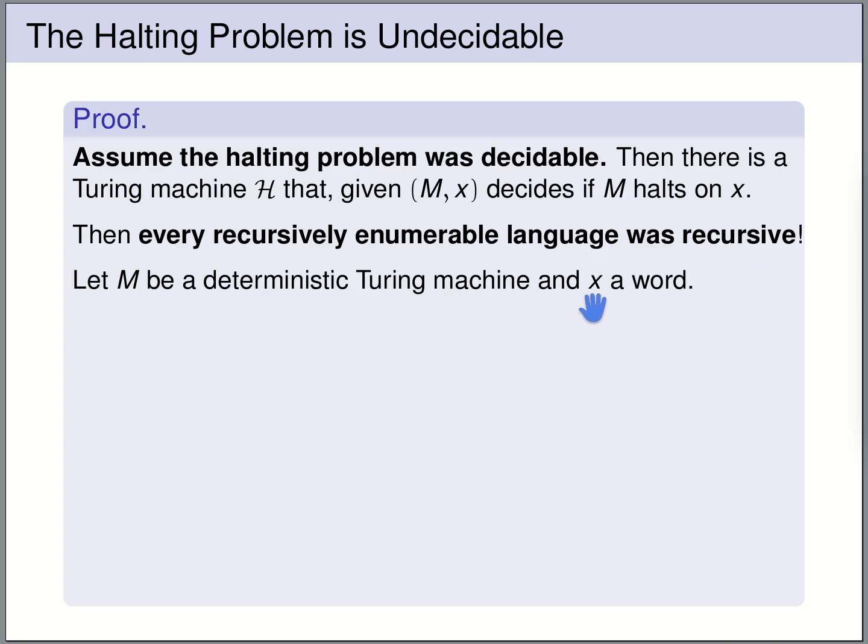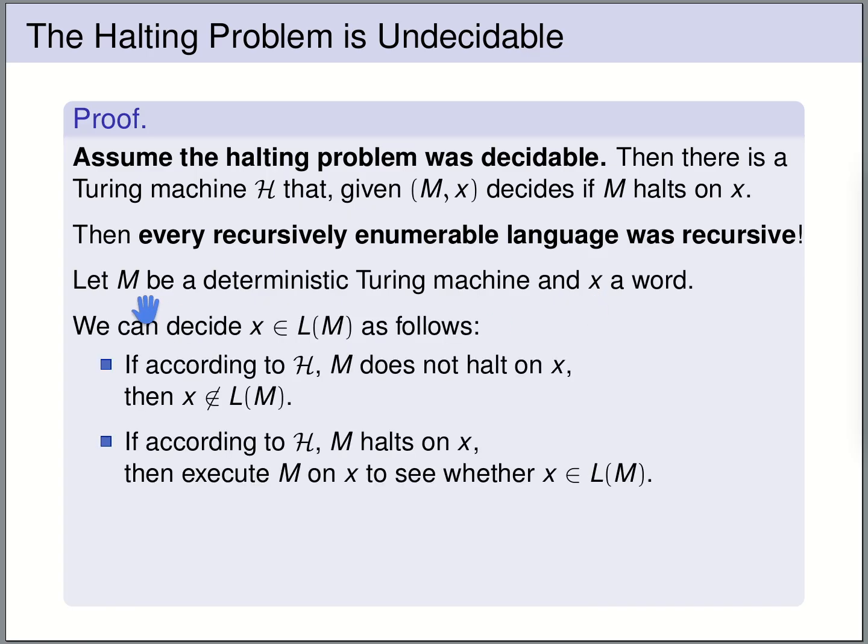So now let's give an algorithm for deciding membership of X in the language of M. How does it work? First of all, we ask our oracle machine whether the machine M halts on input X. And if our oracle answers yes, M halts on input X, then we are simply going to run the machine M and see whether X is in the language or not.